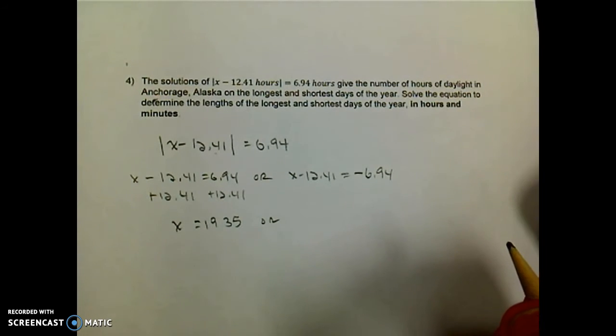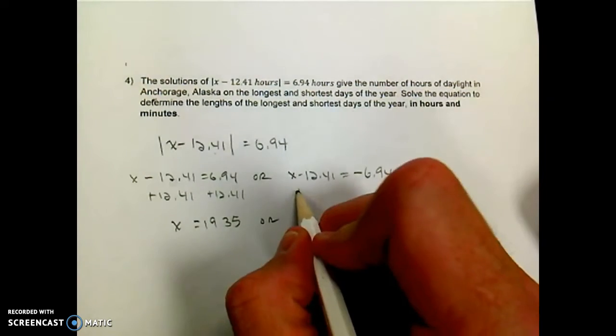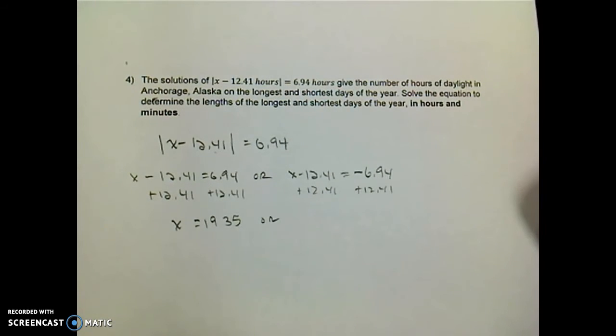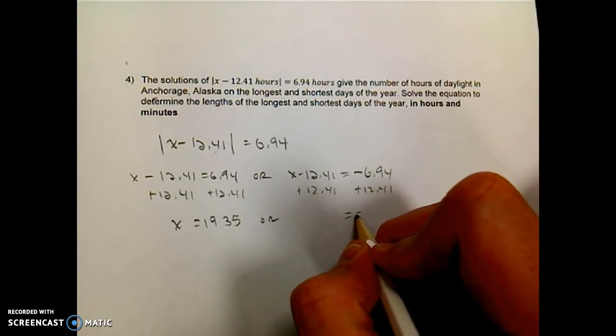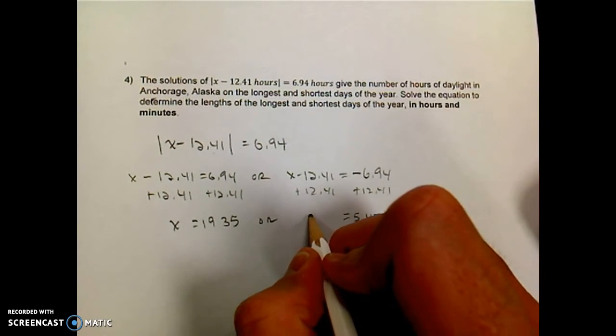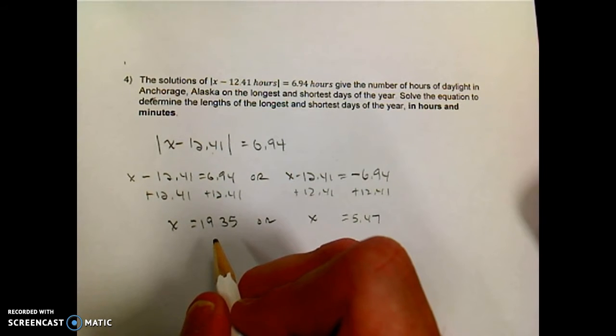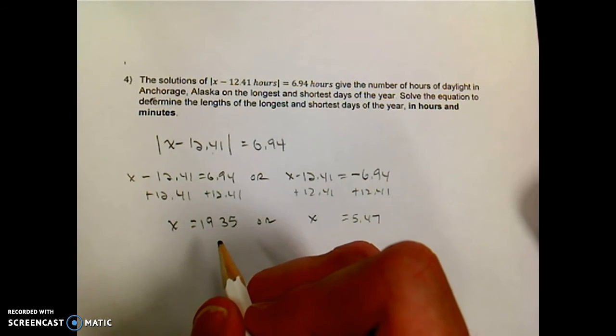The other case is we add 12.41 to both sides. 12.41 minus 6.94, 5.47. We're asked for these in hours and minutes, so we're talking about 35 hundredths of an hour.